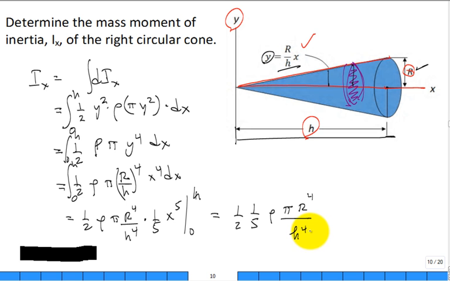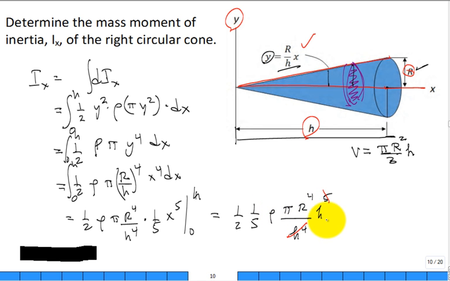We pick up h to the 5th. And so a lot of those h's go. What is the volume of the cone? I have pi, the base radius of that cone squared divided by 3h is the volume of the cone. So we pull that out so that we can get rho times the volume of the cone.